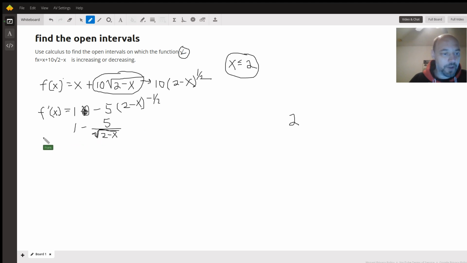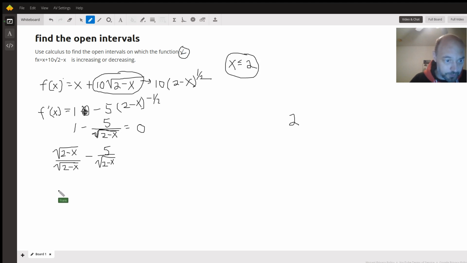So now we have to take this first derivative and set it equal to 0. In order to do that, let me rewrite 1 as square root of 2 minus x over square root of 2 minus x, since something over itself is equal to 1, minus 5 over square root of 2 minus x.